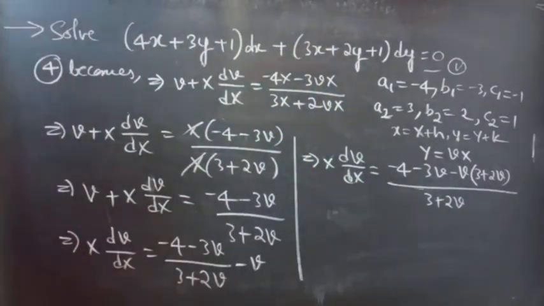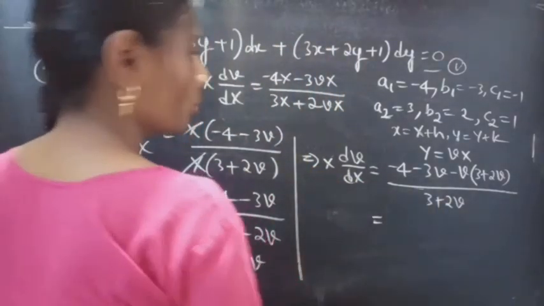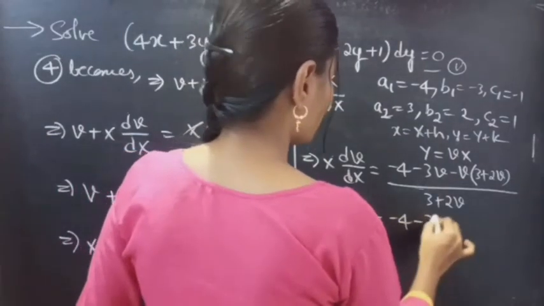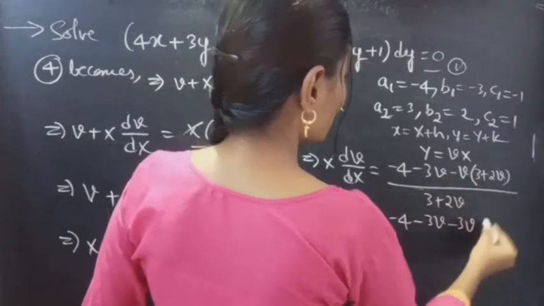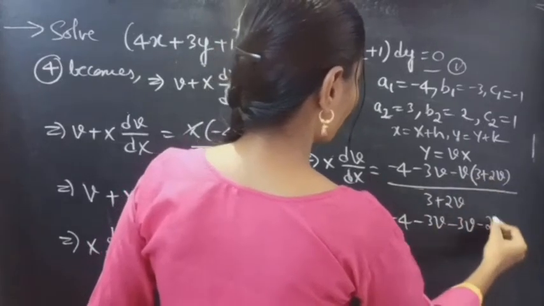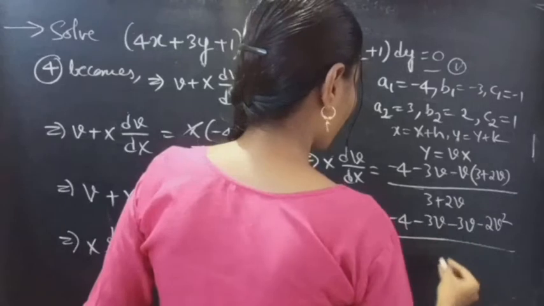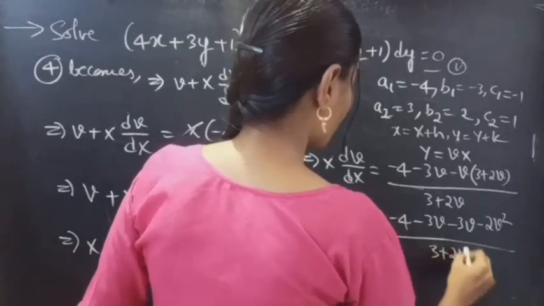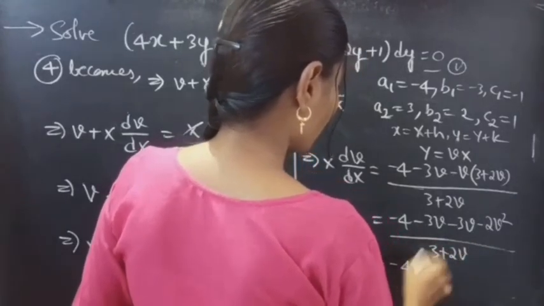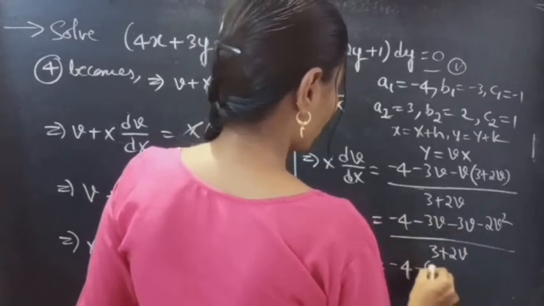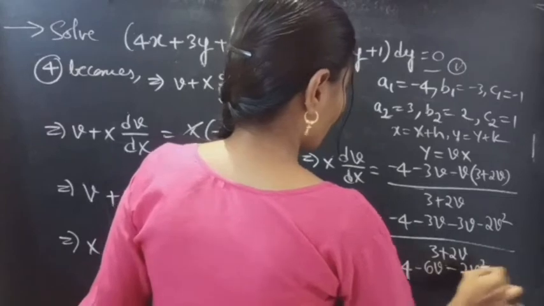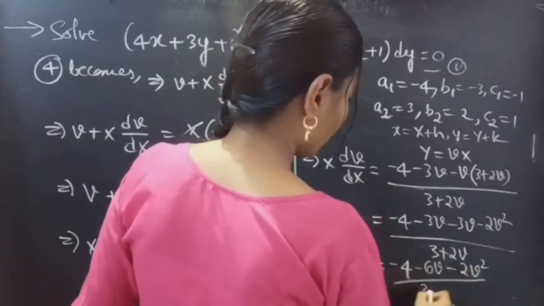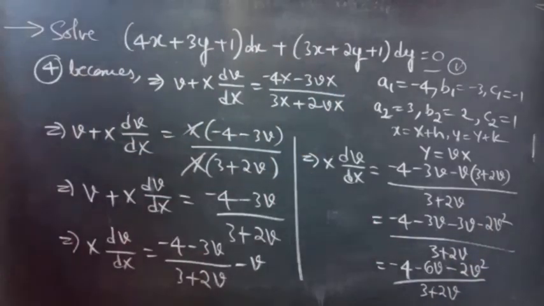Okay. Then this equals minus 4 minus 3v. Minus v into 3 is minus 3v. Minus into plus is minus. v into 2v is 2v square, by 3 plus 2v, which equals minus 4 minus 6v minus 2v square by 3 plus 2v.